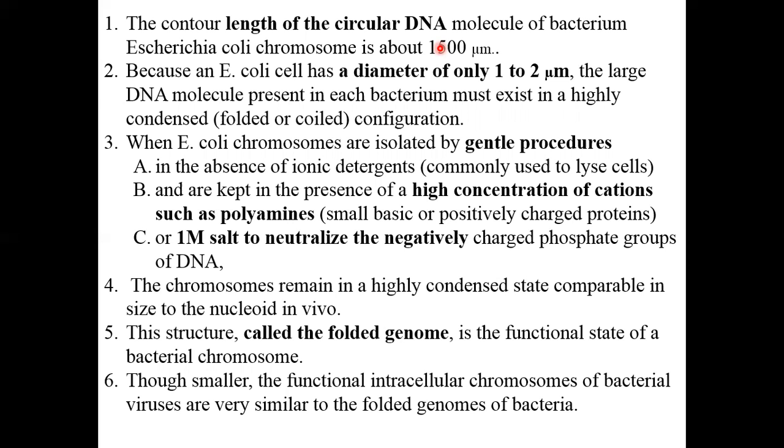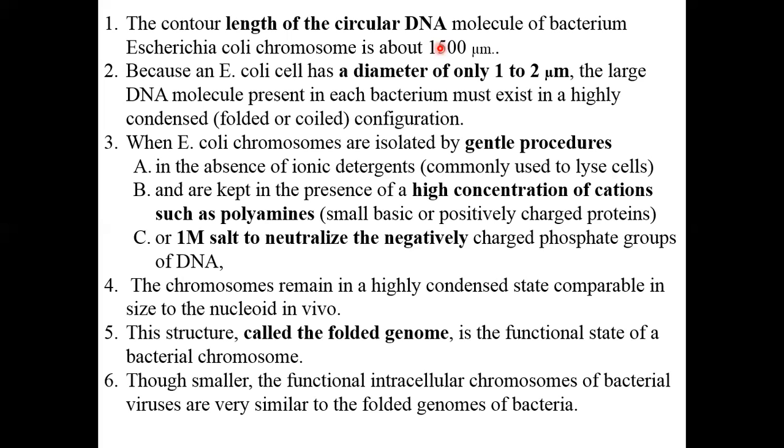When E. coli chromosomes are isolated by a gentle procedure, in the absence of the ionic detergents commonly used to lyse cells, and are kept in the presence of a high concentration of cations such as polyamines or 1 molar salt to neutralize the negatively charged phosphate groups of the DNA, the chromosomes remain in a highly condensed state comparable in size to the nucleoid in vivo.